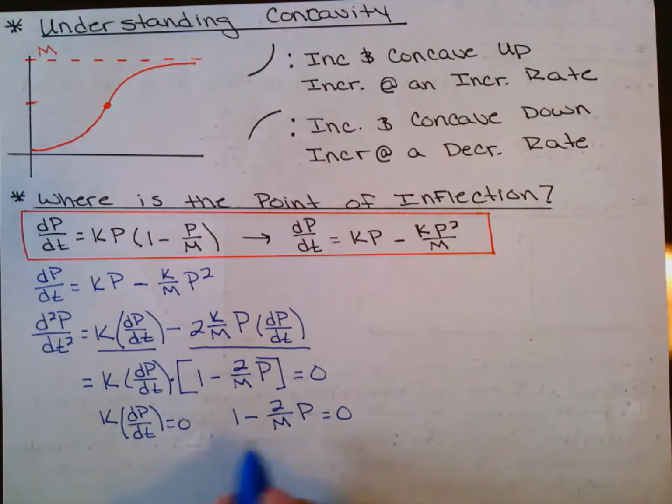For this right side, I'm going to move this over so that it goes positive, and I say 1 equals 2 over M P. And if I want to isolate P, then I'm going to divide by this fraction, which is a keep, change, flip. I'm going to multiply by its reciprocal to the other side.